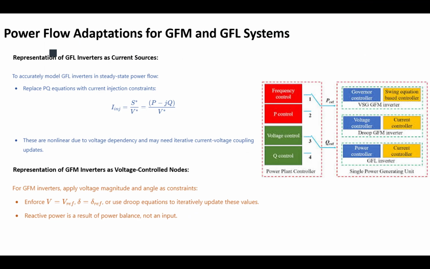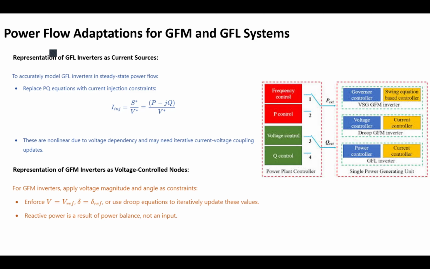Basically, for GFL, because we are controlling the current injection in the system, instead of assuming a GFL as a PV or a PQ, generally PQ, we have to replace all those P and Q functions that we had in power flow analysis with the new variable that actually exists in grid following inverters, which is the current.